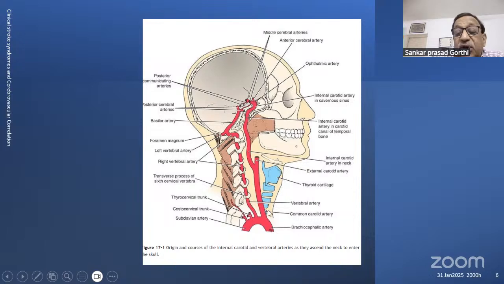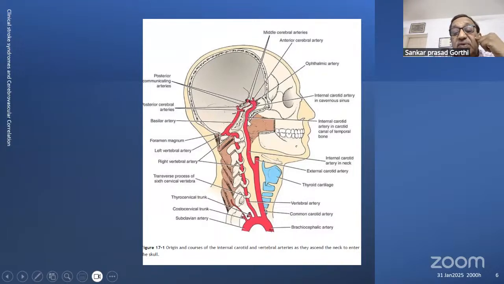And this is under the common carotid artery, where you can see the external carotid branching out and supplying the face and jaw and other areas, and the superficial temporal artery also. The internal carotid artery, whereas, travels craniad, goes through the carotid canal of the temporal bone, then the cavernous sinus, and then enters the brain.